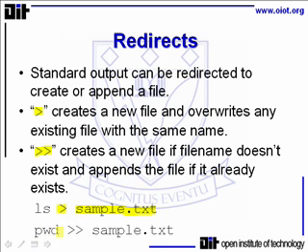Now we use pwd, which is for print working directory, and we use the greater than. So now we would have a file called sample.txt that contains the output of the ls command, and the output of the pwd command would be right after it.